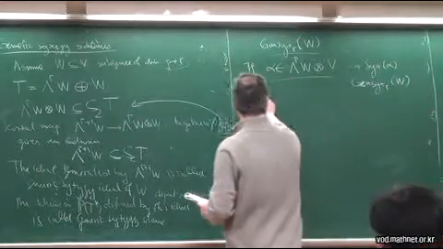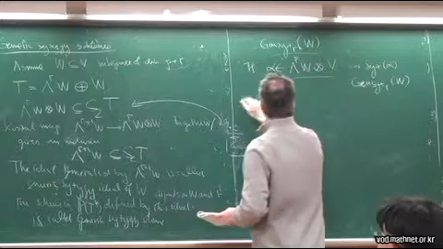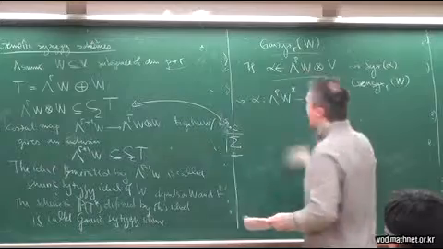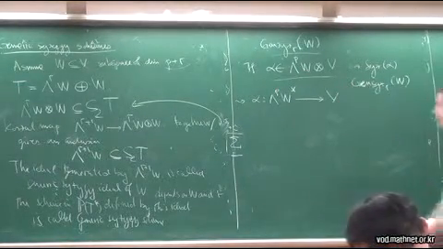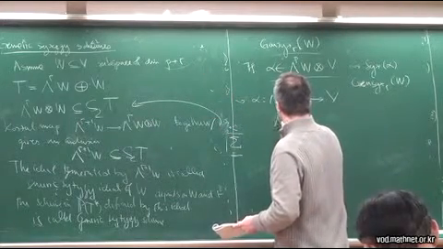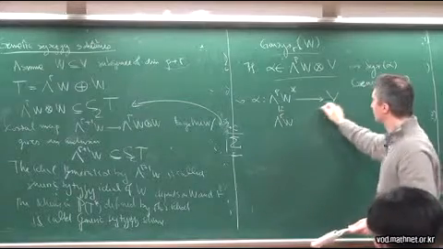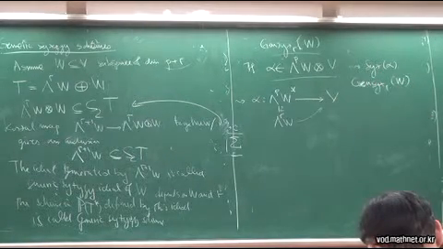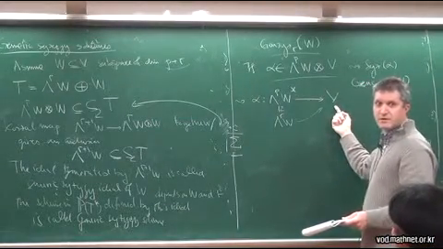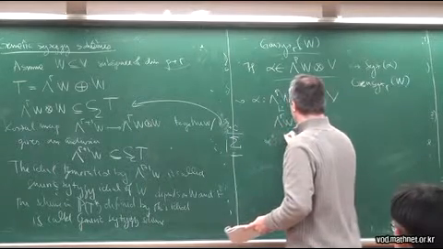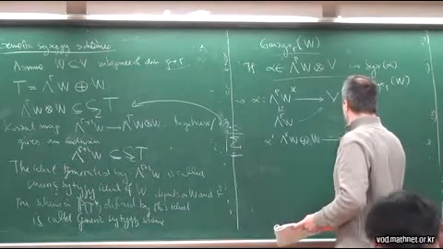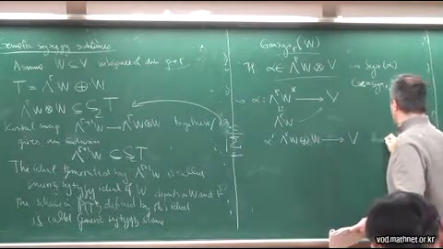So alpha defines a map from wedge P W dual to V, which can be seen as a linear map. Since the dimension is P plus R, that's why I chose this convention, this is isomorphic to wedge R of V. So there is a map from wedge R of V to wedge R of W to V. Now, together with the inclusion of W in V, we get alpha prime from wedge R W plus W to V. This is a linear map.